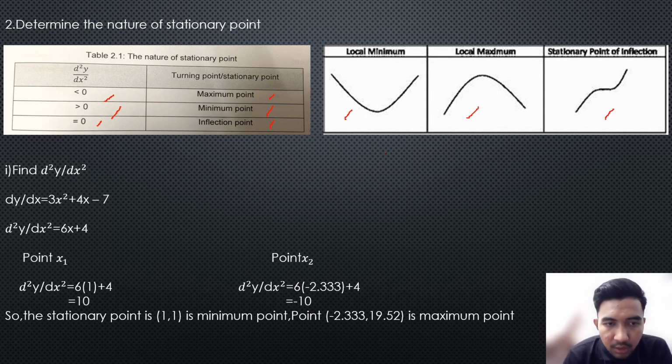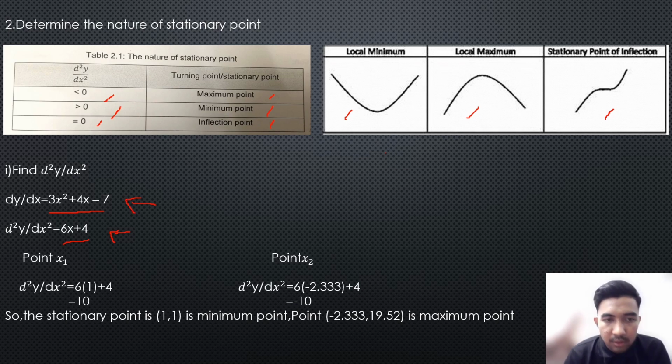So the first step to determine the nature of the stationary point is we need to differentiate for the second time. So here is the equation after we differentiate for the first time, and here is the equation after we differentiate for the second time. Then we replace x with the value we get after we factorize this equation.